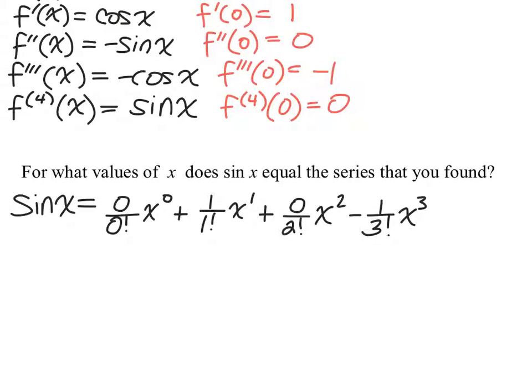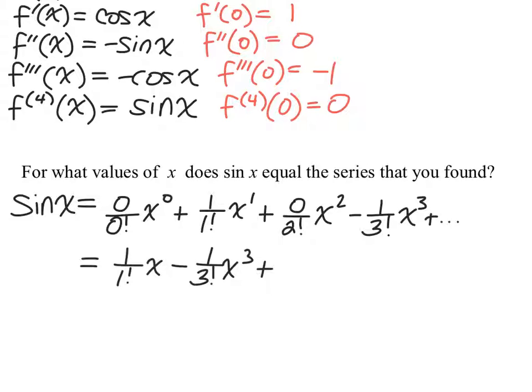And really, that's all you need to get you started, because anything that has a sine in it is going to zero out. So we're only left with the 1 over 1 factorial x to the 1st minus 1 over 3 factorial x to the 3rd.